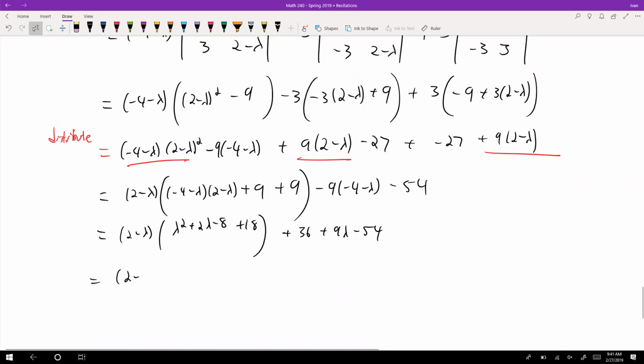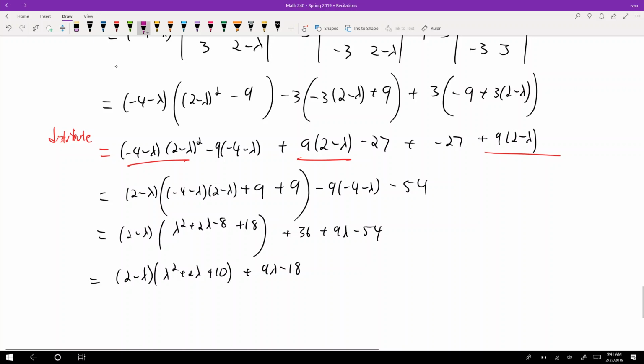Okay, so now this is 2 minus lambda, lambda squared plus 2 lambda plus 10 plus 9 lambda minus 18. All right, so 36 minus 54 is negative 18. And then I simplify the inside.